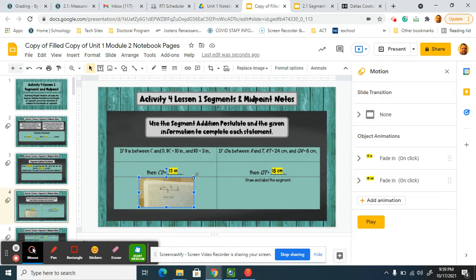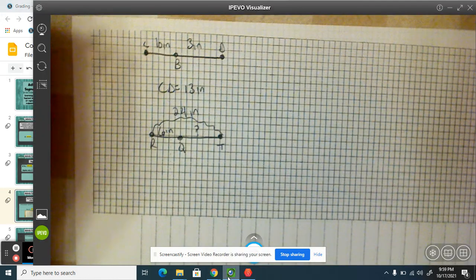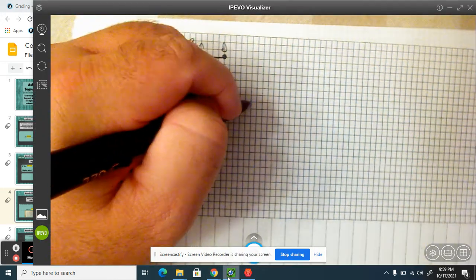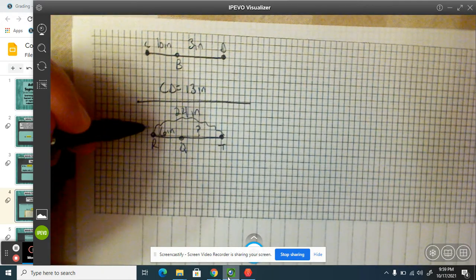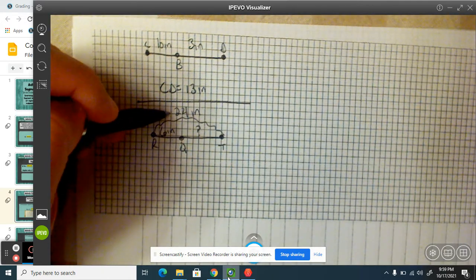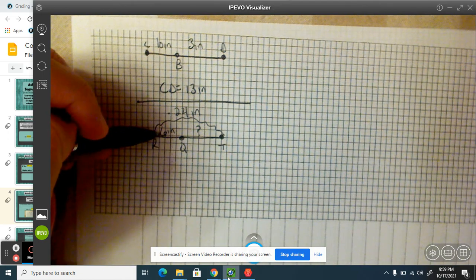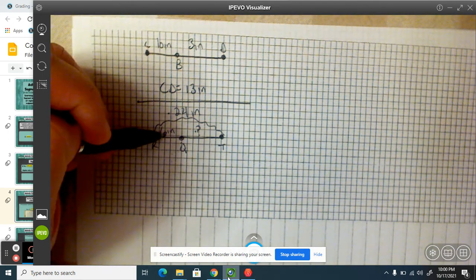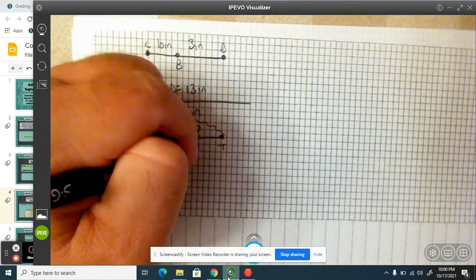What is QT? Now, I know you have the answer there, but if you draw a picture, let me just draw that in between, then you see the whole thing is 24. This part is 6, so what does the other part have to be? Well, if you just subtract 6 from 24, you get 18.